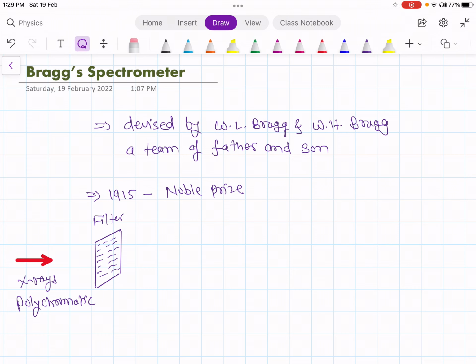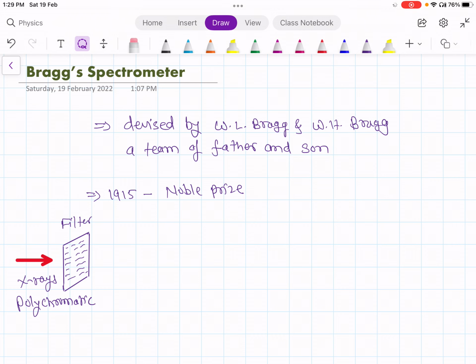Let me shift this filter closer to this X-ray, and then what we get is the X-rays from the Coolidge tube.